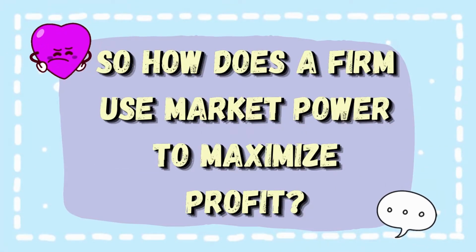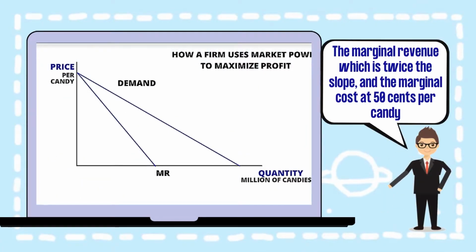So how does a firm use market power to maximize profit? As illustrated, the figure shows the demand curve, the marginal revenue, which has twice the slope, and the marginal cost at 50 cents per candy. A firm maximizes profit by comparing for each unit the revenue for selling the additional unit compared to the cost of selling that unit.